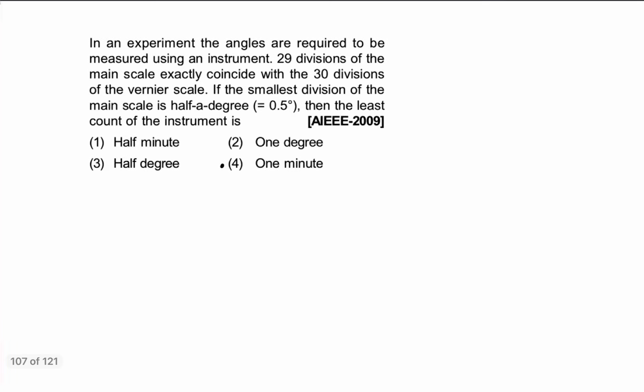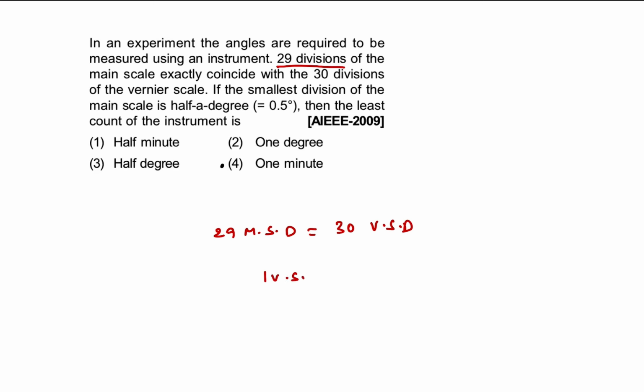We can discuss now. In an experiment, the angles are required to be measured using an instrument. 29 divisions of the main scale exactly coincide with the 30 divisions of the vernier scale. If the smallest division of the main scale is half a degree, then the least count of the instrument is equal to how much? According to the question, 29 main scale divisions coincide with 30 vernier scale divisions.